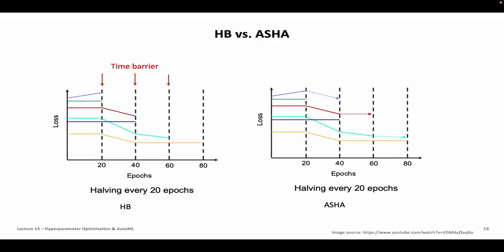Looking at this visualization, on the left we see the Hyperband algorithm, which at each of these decision points needs to wait until all of the trials have reached the decision point before continuing the training, compared to the ASHA algorithm, which at each of these decision points just continues training some of the trials, even if they in the end turn out not to be good choices, not being among the trials that achieve the lowest loss.